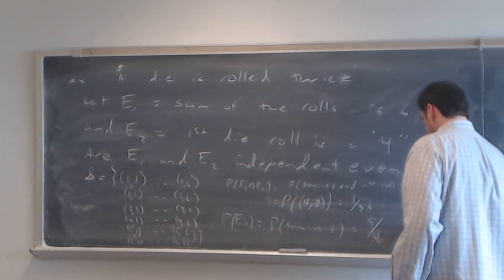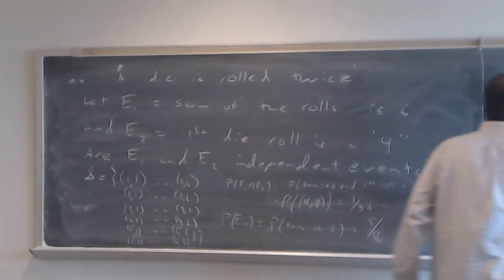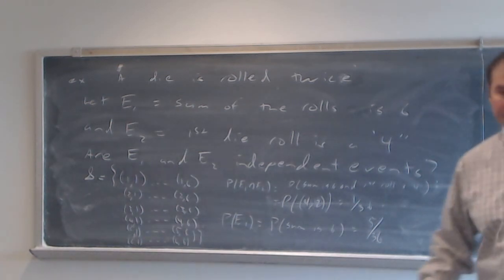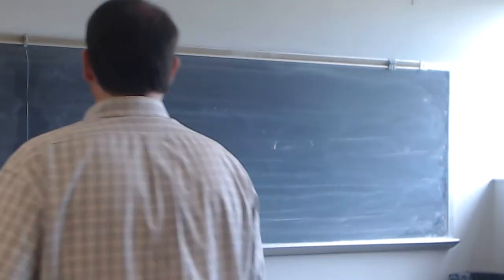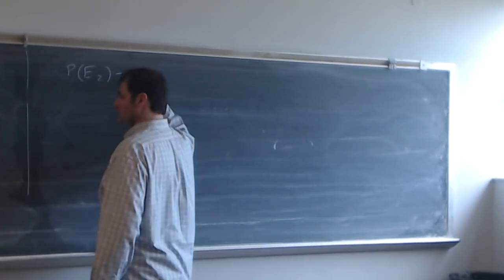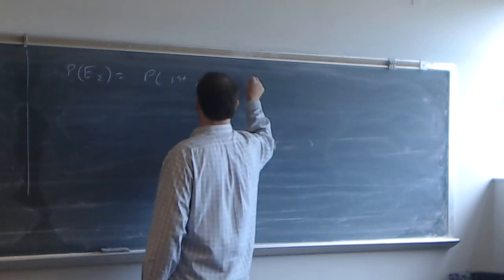The probability of E2 is equal to the probability that the first roll is 4.